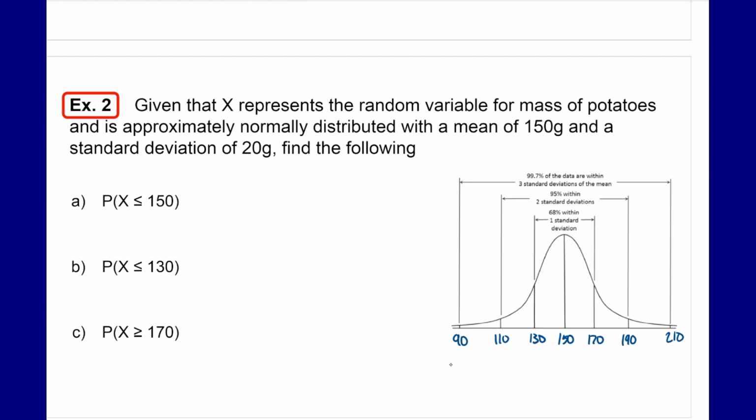Right, it might help again. So minus 3, minus 2, minus 1, plus 1, plus 2, plus 3.